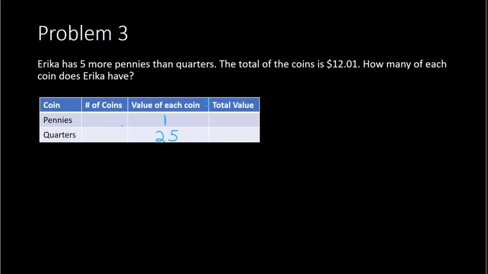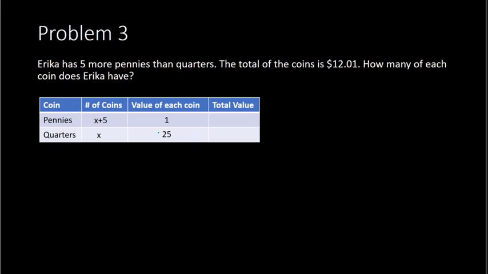So the question now is, what goes in for the number of coins? Well, it says Erica has 5 more pennies than quarters. So if we let x be the number of quarters, then pennies would be 5 more than that, which is x plus 5. So we have x here, then x plus 5 for the number of pennies.